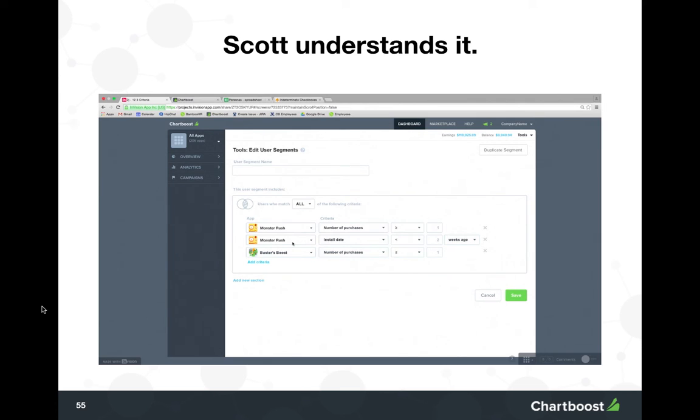So if I'm hearing you right, it sort of sounds like two groups of people, like a group of people who have played Monster Rush and done these two things, Mm-hmm. and a separate group of people who have played Buster's Boost and done this thing. Well, okay, so they match all of the following criteria. So, interesting. Okay, so these people from this.